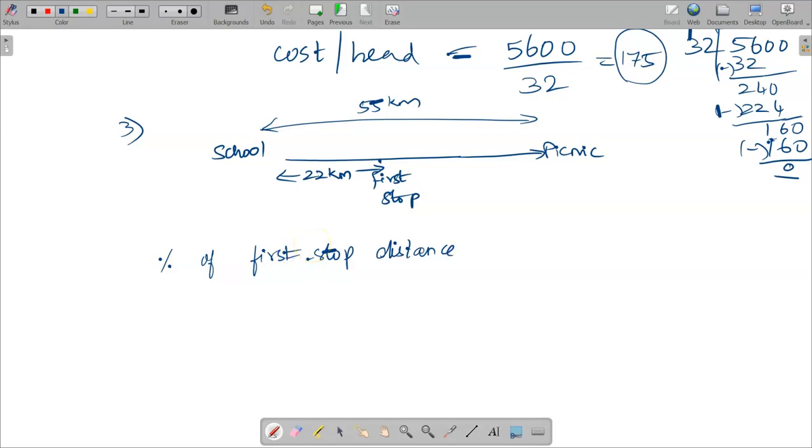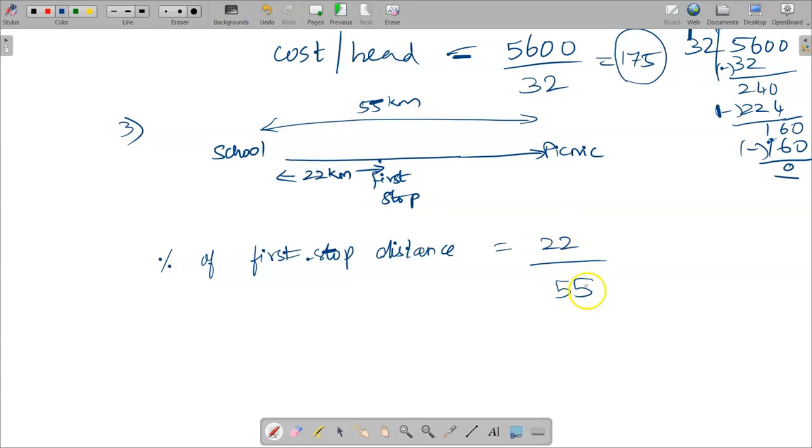Okay, so what is the first stop distance? It is 22 kilometers. Okay, so the overall distance is 55. How long the distance has been travelled for the first stop? It is 22, out of the total distance of 55. If we calculate that, we can find out the percentage of the distance travelled for the first stop.